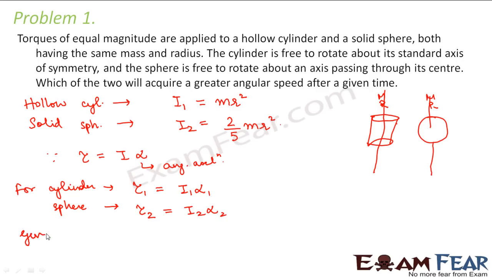Now in the problem it is given that the same torques are applied to both the cylinder and the sphere. That means tau 1 is equal to tau 2. So this implies that I1 alpha 1 is equal to I2 alpha 2. From this we can say that alpha 1 by alpha 2 is equal to I2 by I1, which is nothing but 2 by 5, because we know the values of I1 and I2 from the first step.